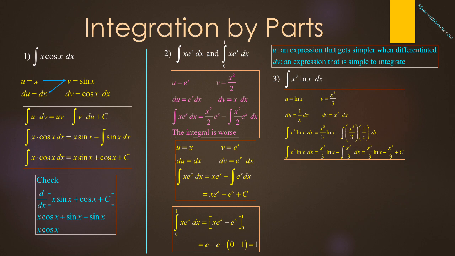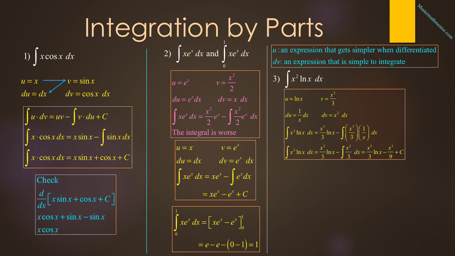In 3, we have the integral of x squared natural log of x dx. In setting up our u and dv, the best choice for u is the natural log of x because the derivative is easy. Du is 1 over x dx. The dv should be x squared dx because the integral is easy, x cubed over 3.